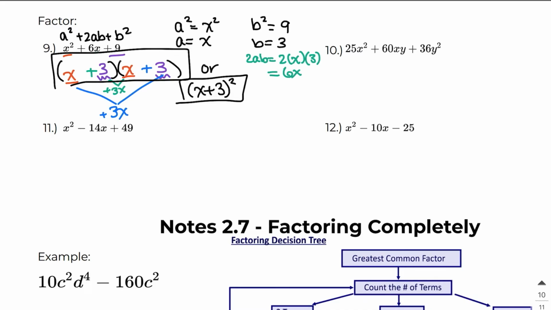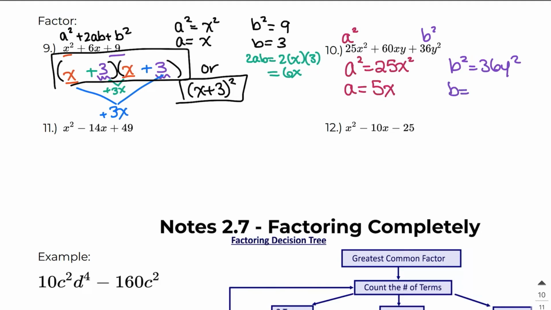So right here, if I recognize that this is a perfect square trinomial, then I can say here that a squared is 25x squared. Well, if a squared is 25x squared, then a is the square root of this. So 5 times 5 is 25, x times x is x squared. And I also know that b squared has to be this 36y squared that we have here.